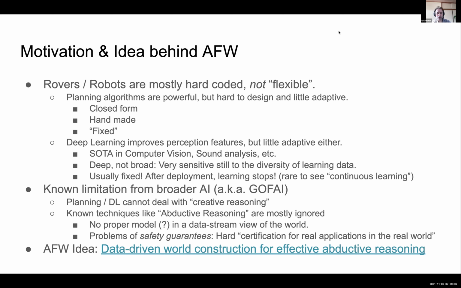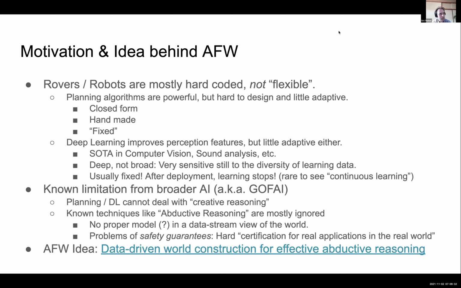Also from old-style AI, there are mechanisms that we know and that are not used in AI systems of today, things like abductive reasoning. That was the topic of our previous presentation in August, and I refer you to that presentation for more detail about the background.